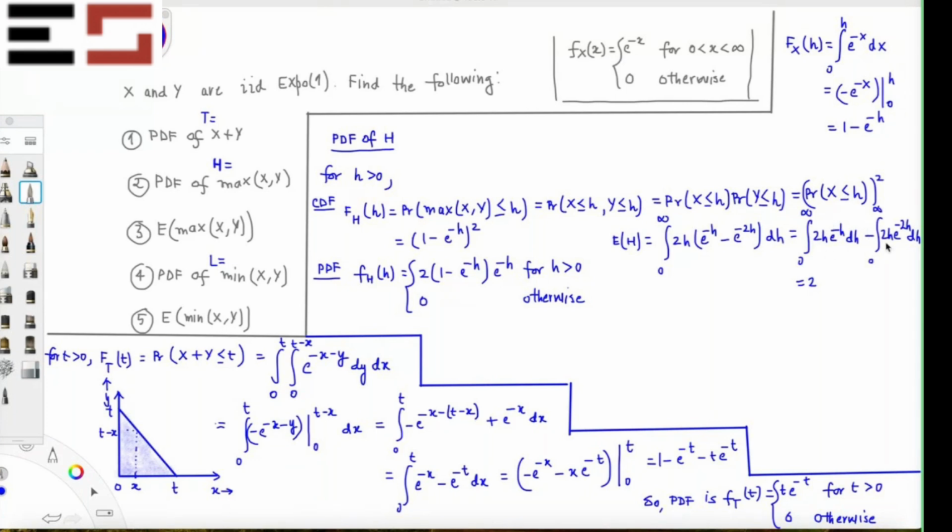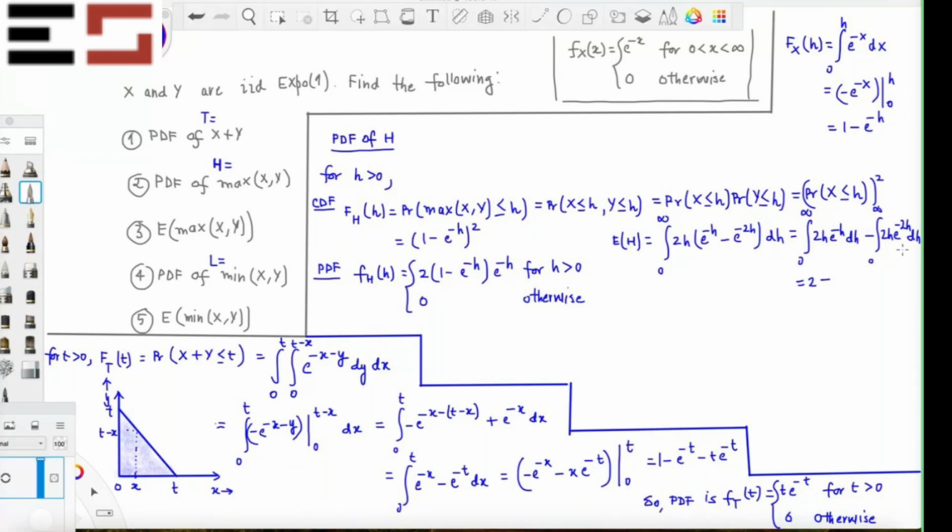And what about this? For this also, you can do a change of variable. Let 2H be T. So you will get T e to the power minus T. And since 2H is T, dH is dT by 2, right? Yes.